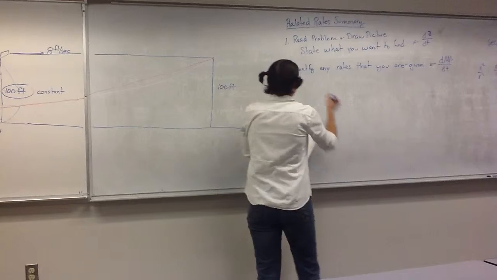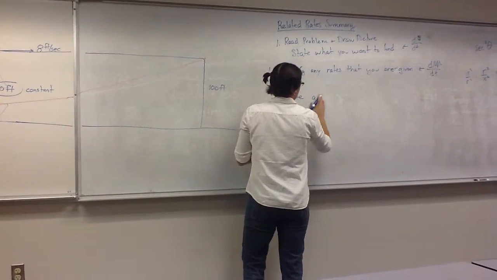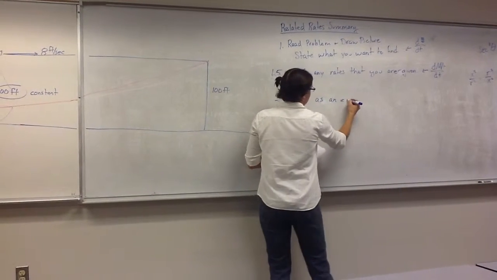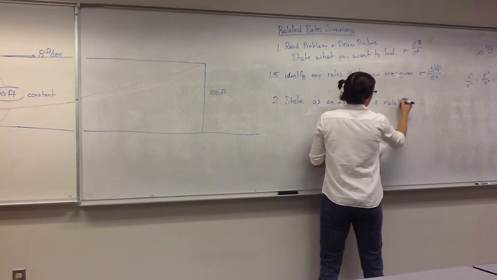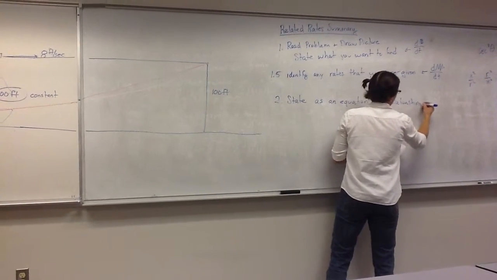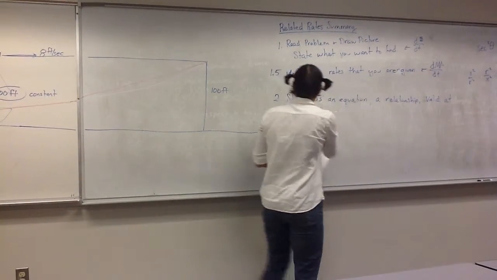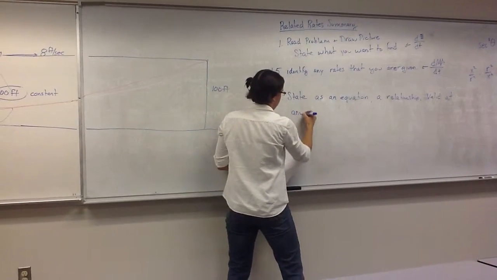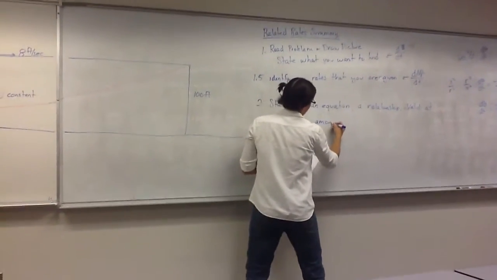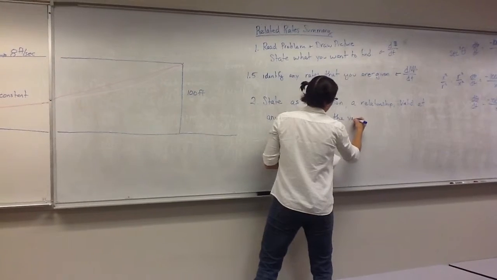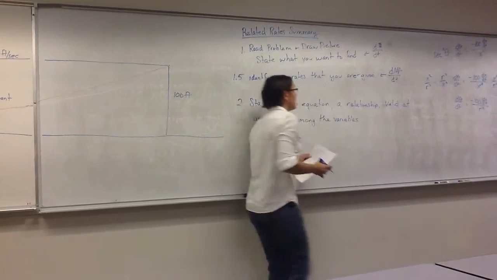Step 2 is to state as an equation a relationship valid at any time among the variables above.